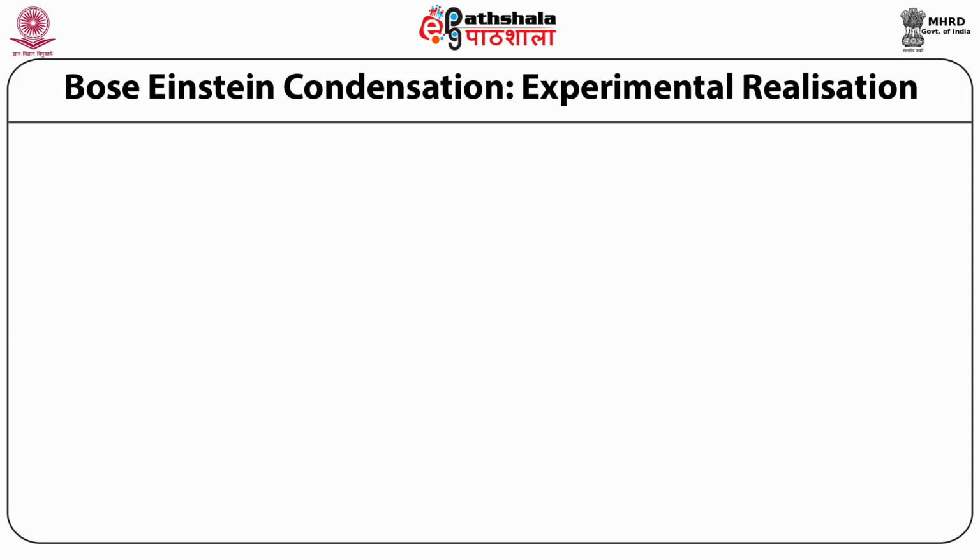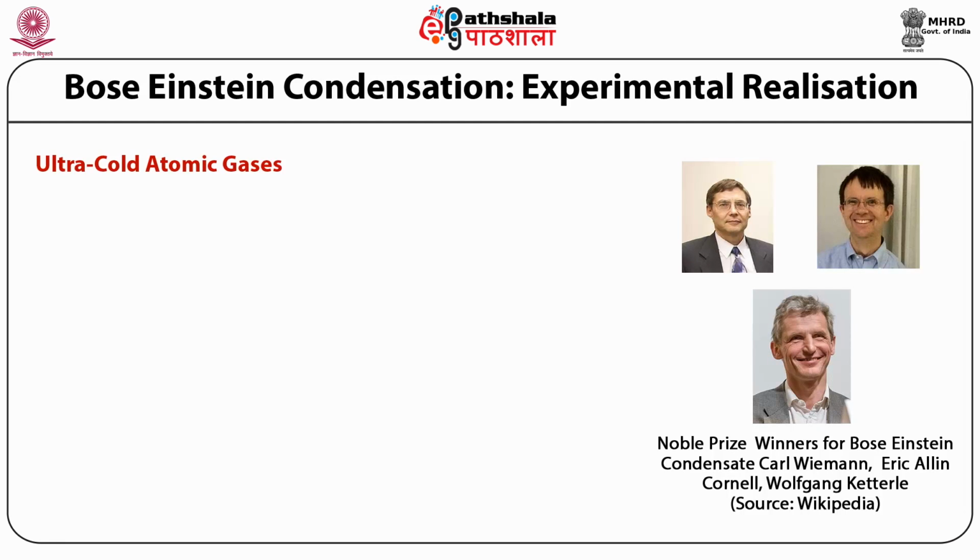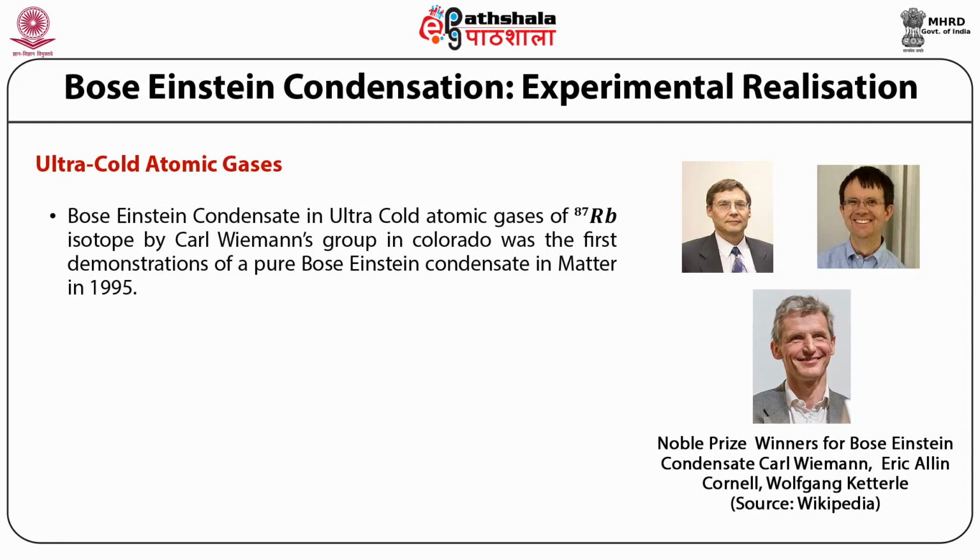So, one of the most essential things which one needed to do was to have what we call ultra-cold atomic gases. Bose-Einstein condensation in the ultra-cold atomic gases of rubidium-87 isotope by Carl Wieman's group in Colorado was the first demonstration of a pure Bose-Einstein condensate in matter in 1995.